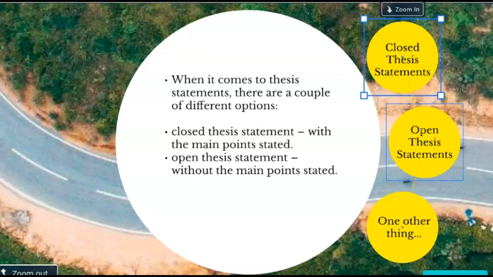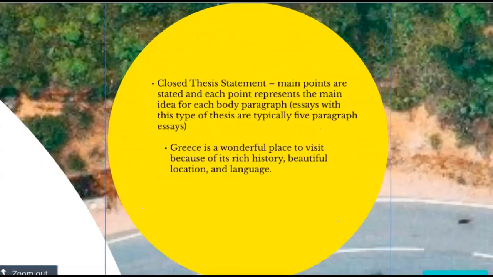So let's take a look and see what I am talking about here. Closed thesis statements: main points are stated, and each point represents the main idea for each body paragraph, typically seen in 5-paragraph essays. Just for example, here, this is a thesis statement speaking about Greece. Greece is a wonderful place to visit because of its rich history, beautiful location, and language.